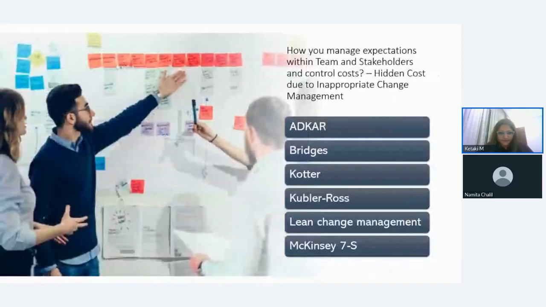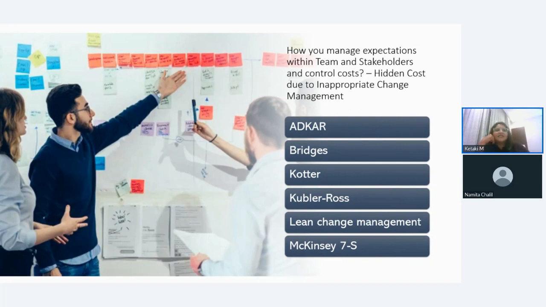Now, I talked about the people aspect. Now, this is essentially another aspect wherein it is not fairly easy to calculate that cost, which arises when you have not managed the relationships and the people aspects in your program.